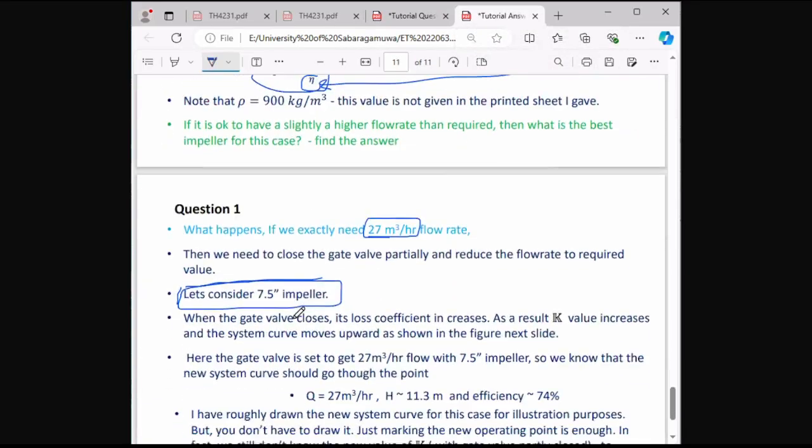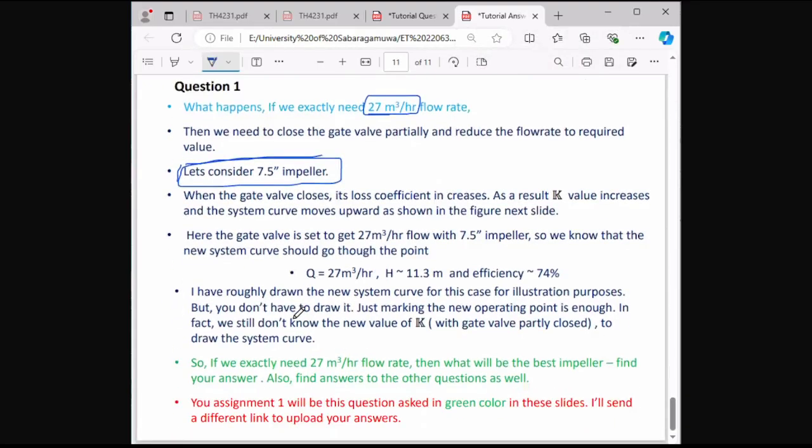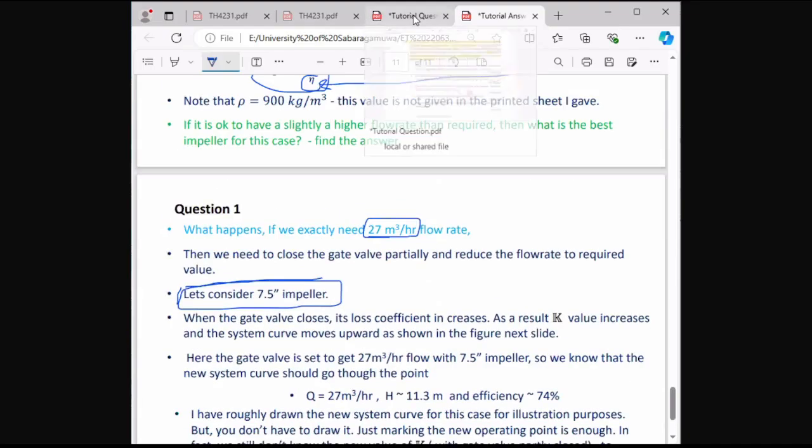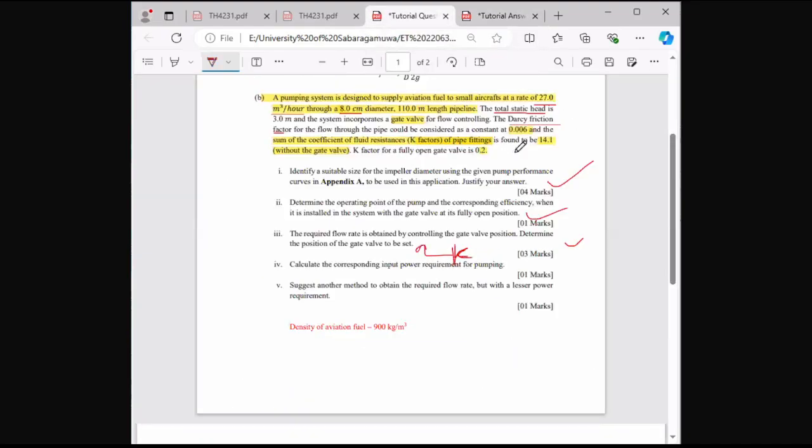In this case, we can't consider this gate valve K value as 0.02.